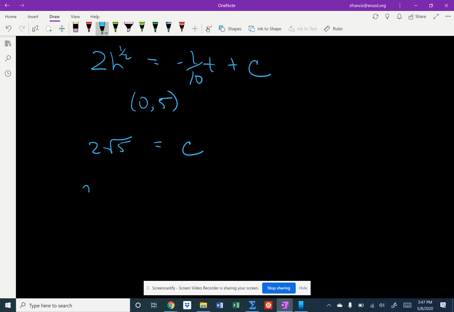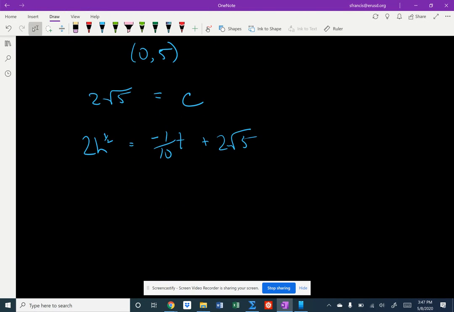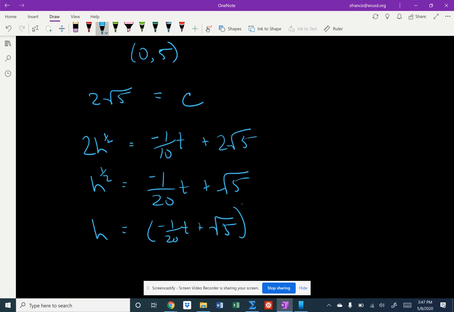And so then I got 2h to the 1/2 equal to negative 1/10 t plus 2 root 5. And then solve for h. It does say to solve for h. So divide by 2 and we get this, and then square that. Like this. There's your answer.